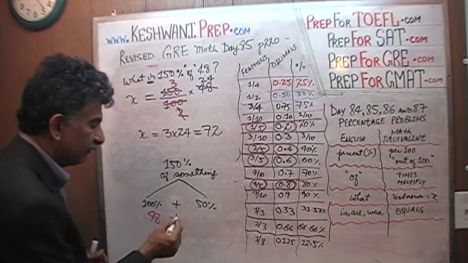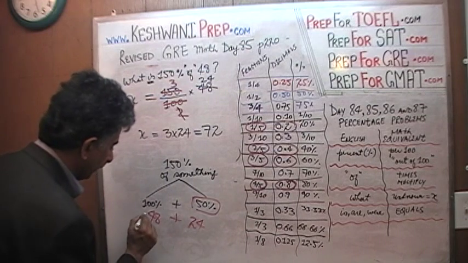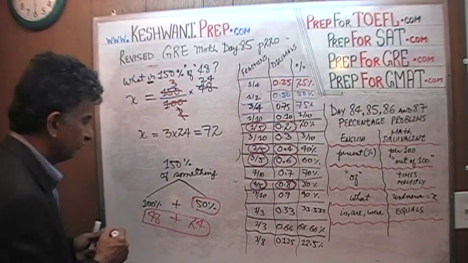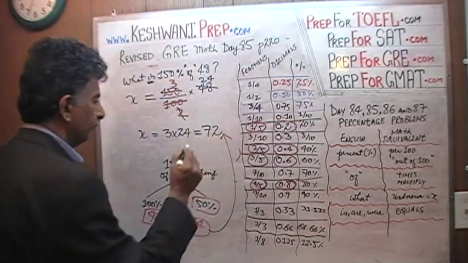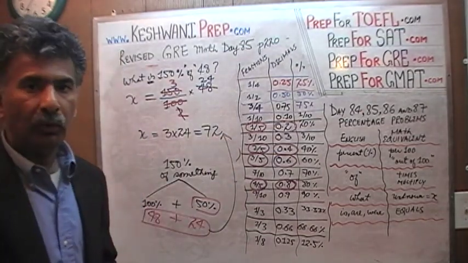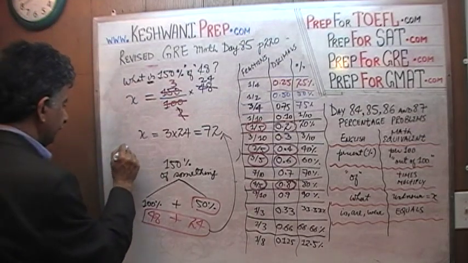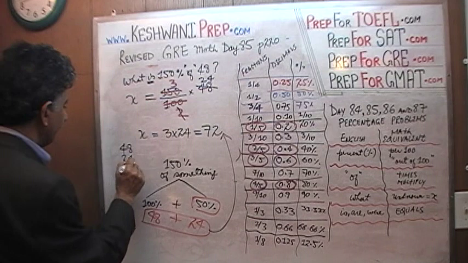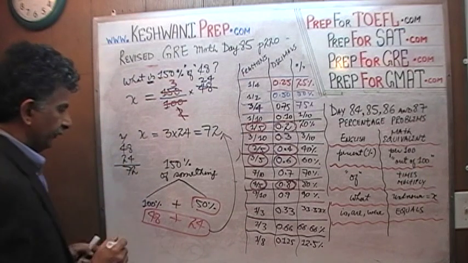And what is 50% of 48? 50% of 48 is 24. And these two figures, 48 plus 24, better add up to 72. And if they don't, then we got a problem. 48 plus 24, that's 12, carry 1, 7, voila. You see, that's it.